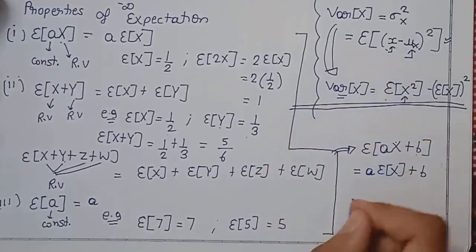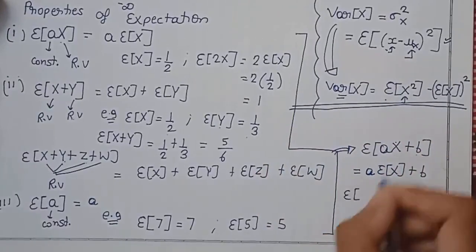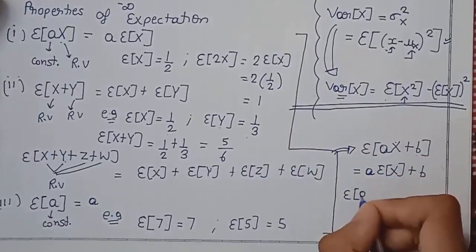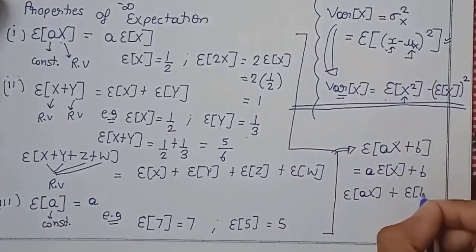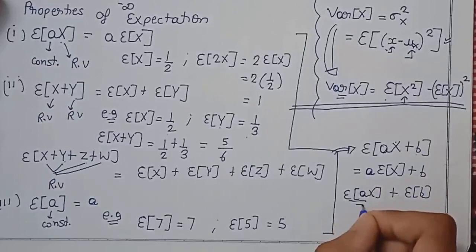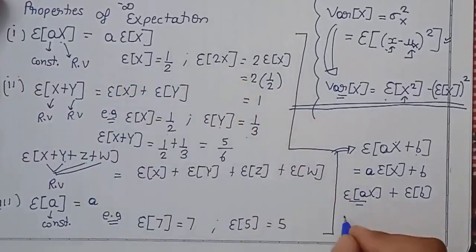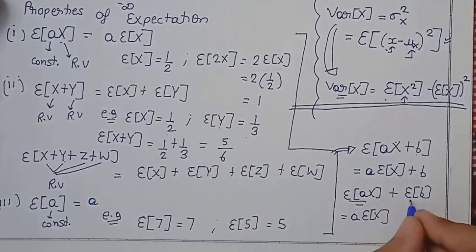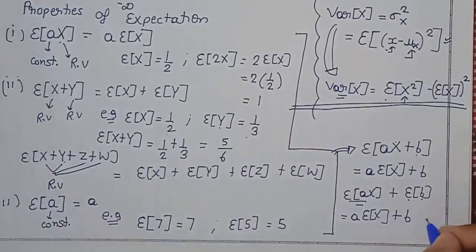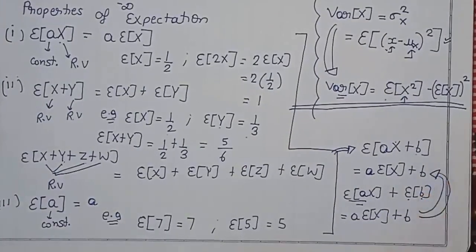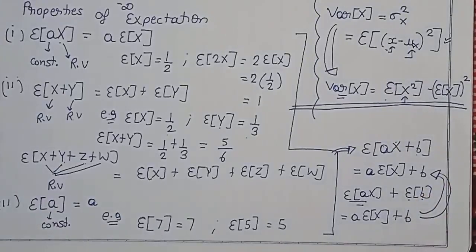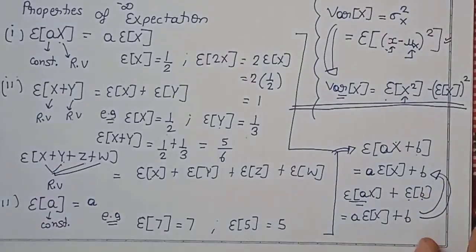Now this is derived in the following manner: expectation of aX plus b is equal to expectation of aX plus expectation of b. Now expectation of aX using this property is equal to a times expectation of x, and expectation of a constant is equal to the constant. And now we have derived this. So now let us move on to the fourth property of expectation.